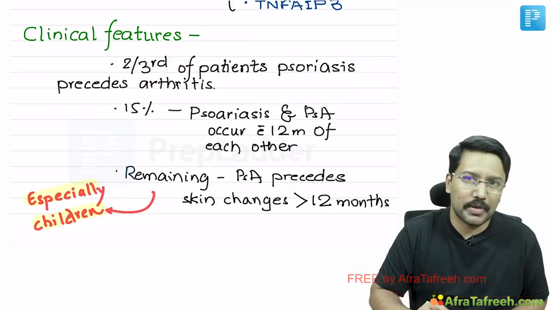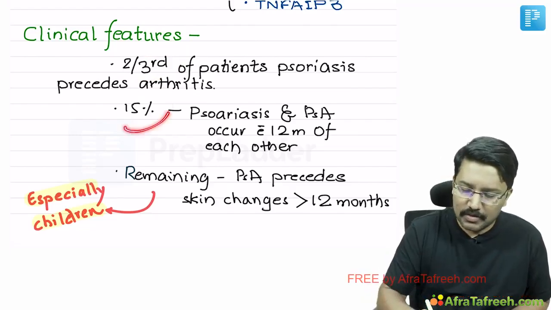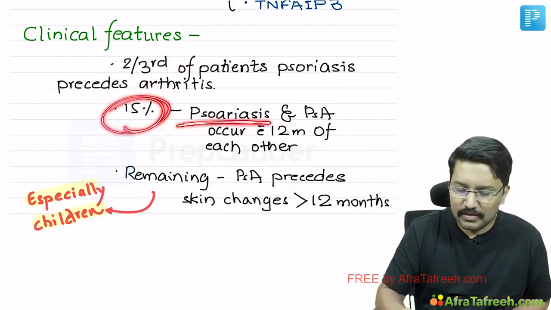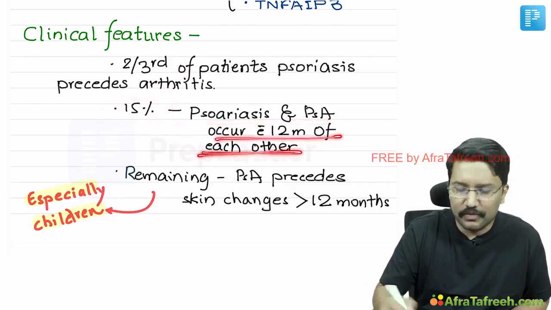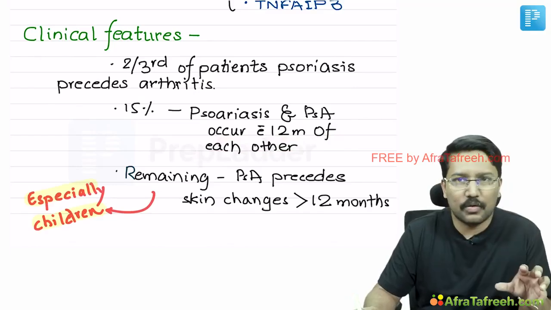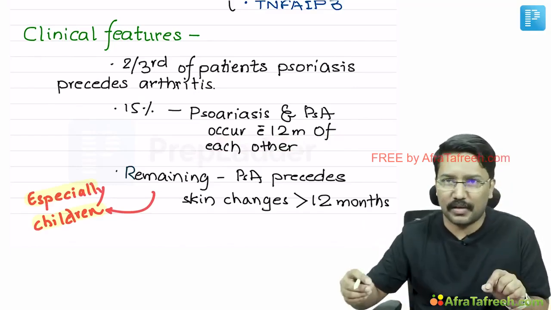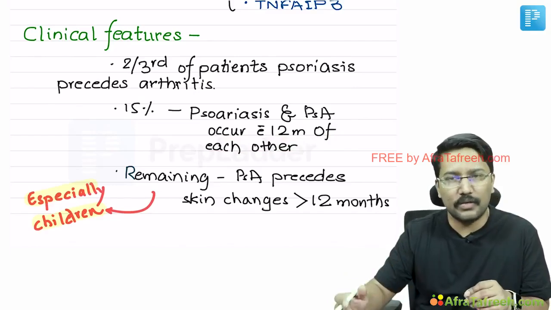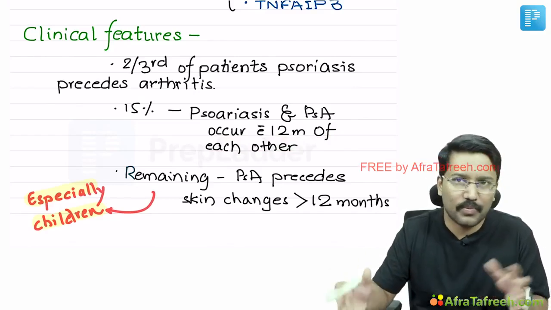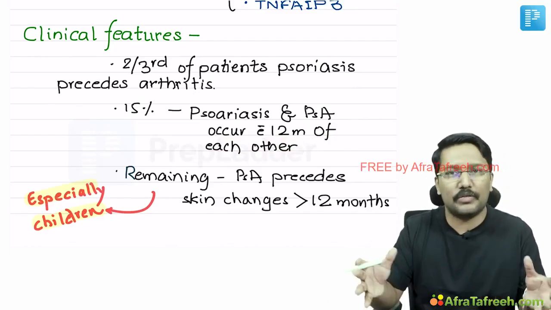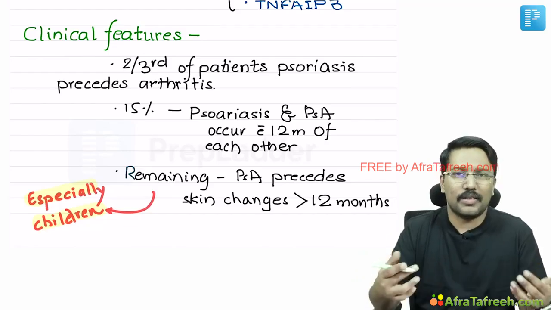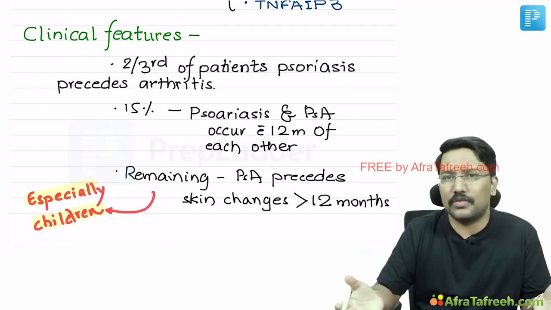Among the remainder of the patients, what is the story? 15% of them have psoriasis and psoriatic arthritis occurring within 12 months of each other. Meaning, psoriasis occurs and within 12 months the patient develops arthritis, or arthritis occurs and within 12 months the patient develops skin rashes. Both are clubbed within 12 months of time, right?